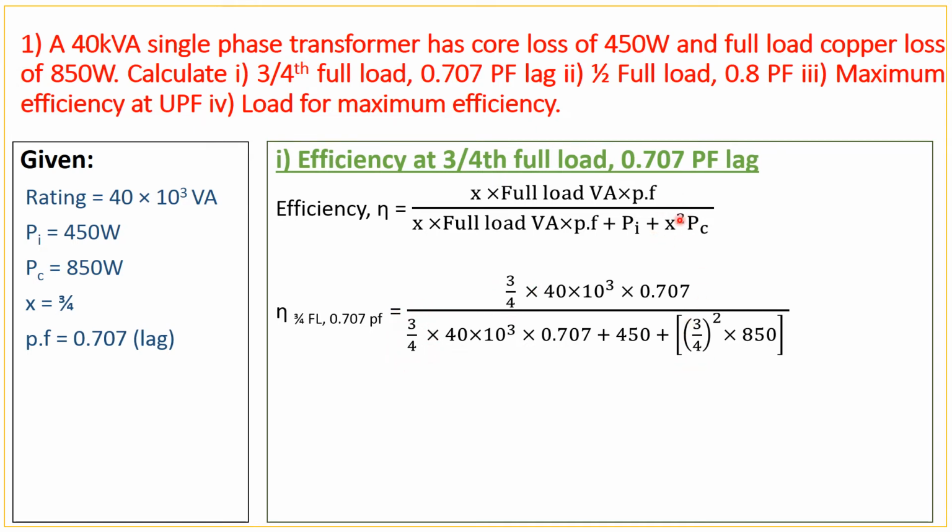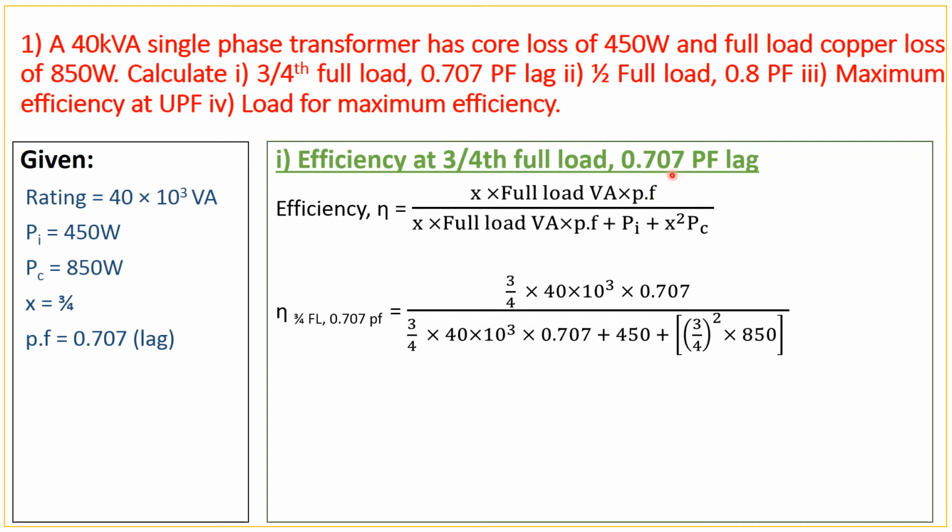Even this x square will be 3 by 4 square. What is next? Full load VA. The rating given is 40 into 10 to the power 3 VA, therefore full load VA is 40 into 10 to the power 3, both in the numerator and the denominator.